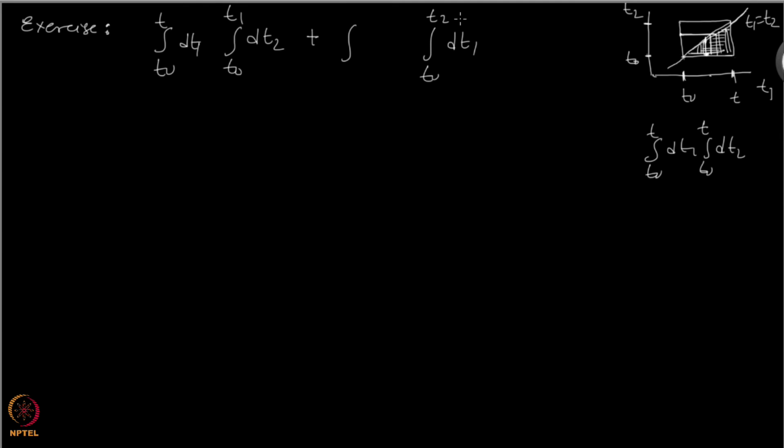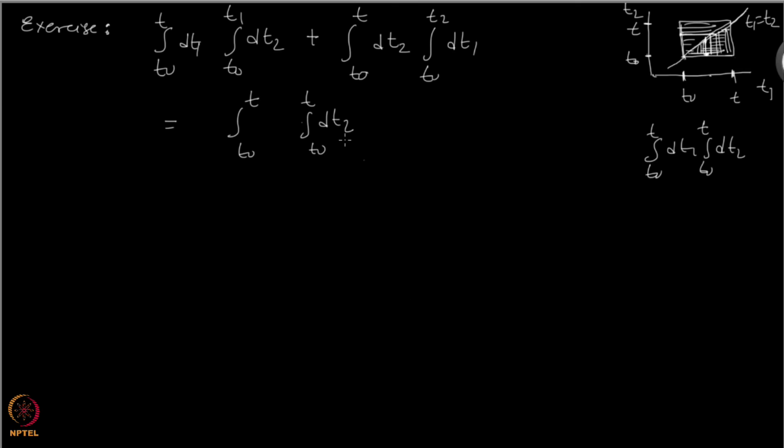So the maximum value t1 takes here is t2, and then you integrate over dt2, where t2 goes from t0 to t, sorry, not 0. And how much is that? This is the full volume. Okay, so that is good.